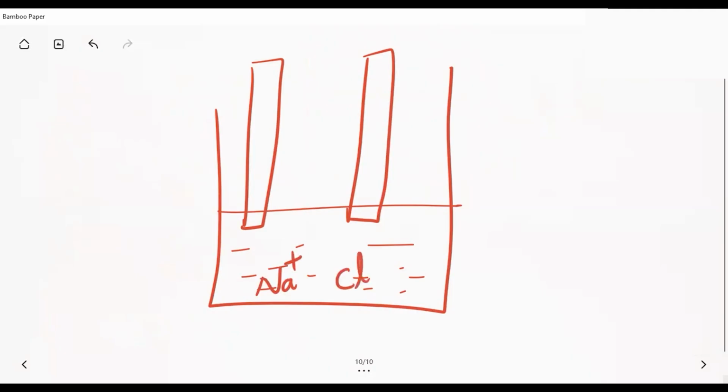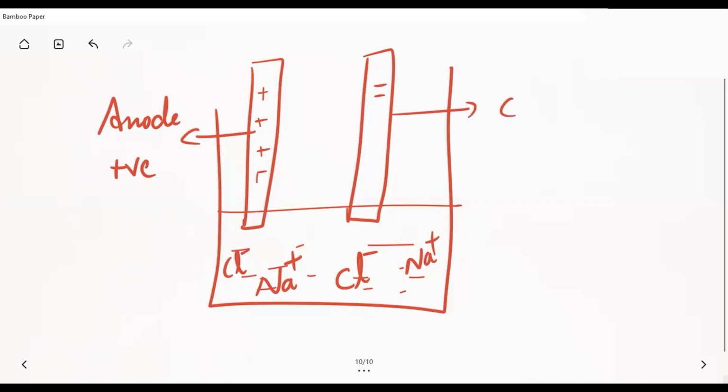Sodium ions and chloride ions, a lot of them. I told you that on the left side we are taking the anode. What is the charge of the anode? We have already said that in the case of an electrolytic cell, it is positive. So this is a positive electrode, the anode. And automatically this is the cathode, which is a negative electrode.